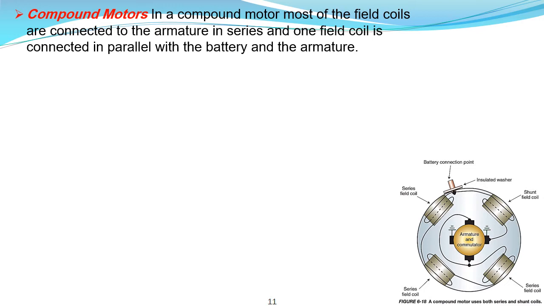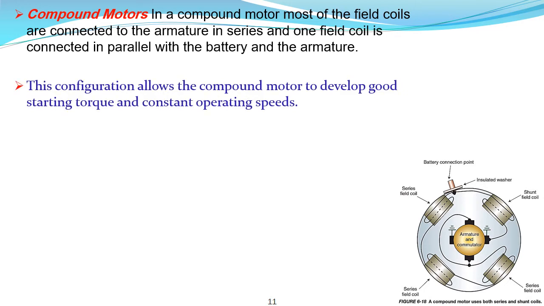This is clear in the picture: most are in series and the last is connected in parallel with the battery and the armature. This configuration allows the compound motor to develop good starting torque and constant operating speeds.